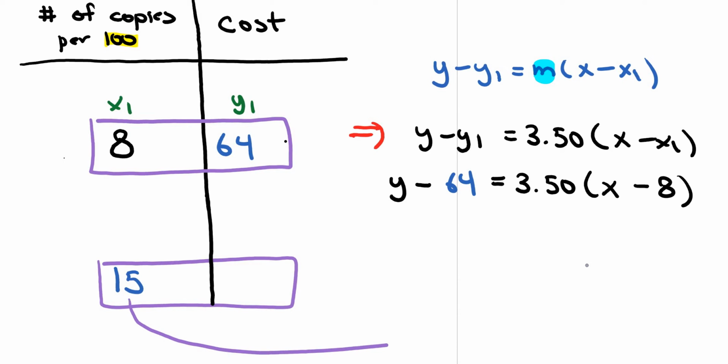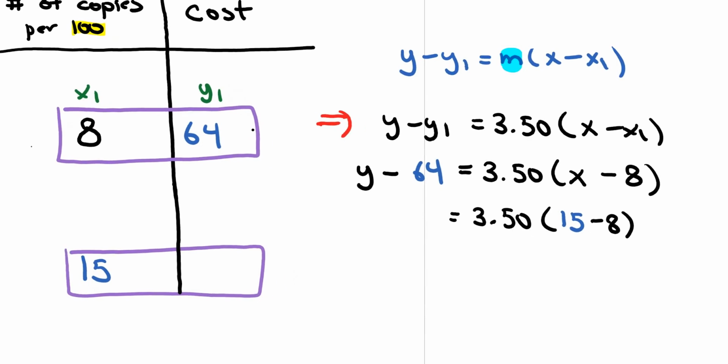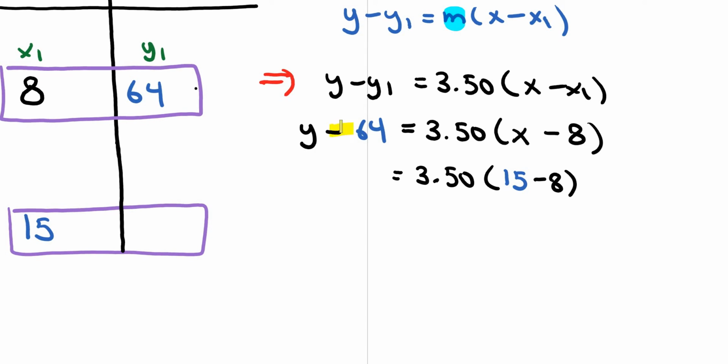So this 15 would simply go in for that x value. So this would be $3.50 times 15 minus 8. And in order to finish this problem off, there's a minus 64 here, right? So if I bring that negative 64 to the other side, it becomes plus 64. And then I would have a y on the left-hand side.